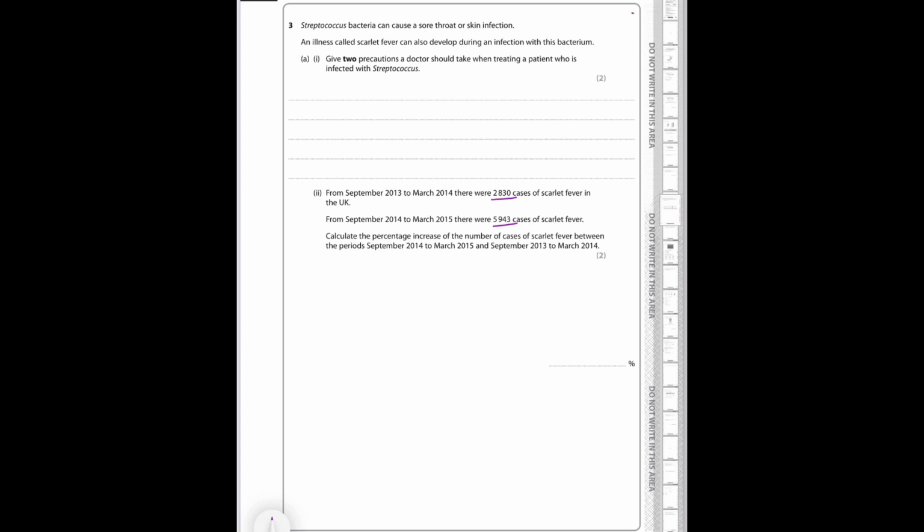So first of all, we need to know what was the increase in number. So if we do 5943 take away 2830, that tells us that there was an increase of 3,113 cases.